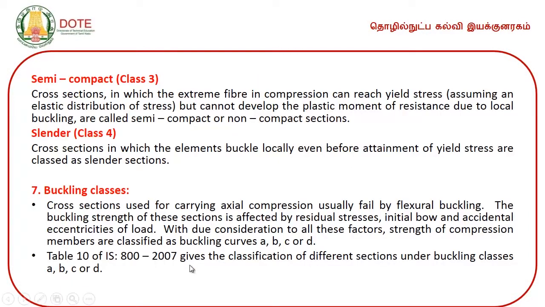And class 3 or semi compact sections are the sections which will yield, but cannot develop the plastic moment of resistance due to local buckling. So, those types of sections are to be classified as semi compact sections or class 3 sections.